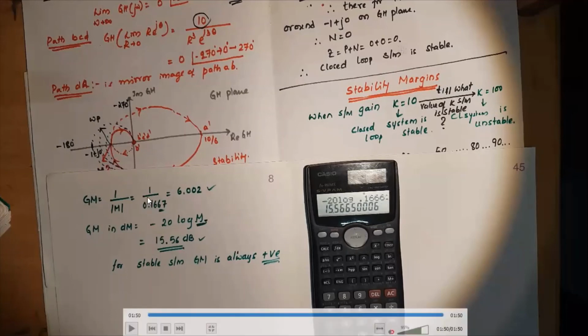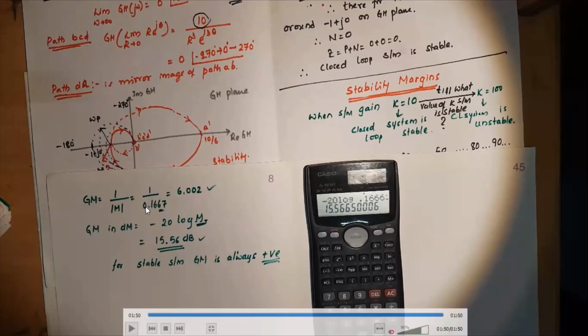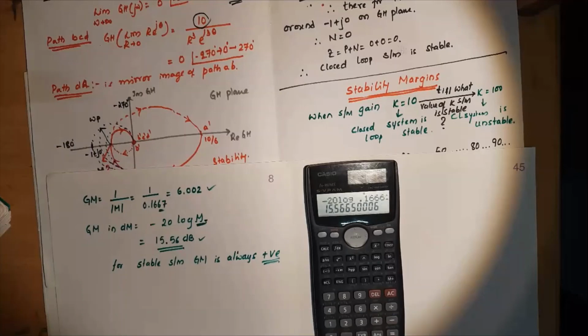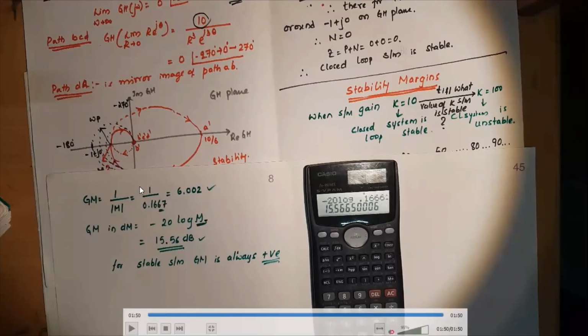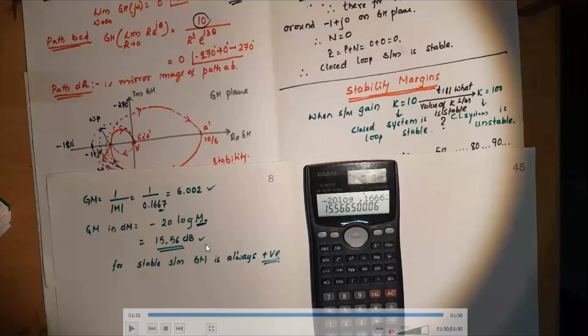So that's why you end up with 1 divided by, say, 1.5. 1 divided by 1.5, and you will get a gain margin lesser than 1, which means you have to reduce your speed. And minus 20 log of 1.5, you end up with a negative value here. So an unstable system which has encircled the minus 1 will give us a negative gain margin in dB. So in dB, for a stable system, we should always have a positive value.